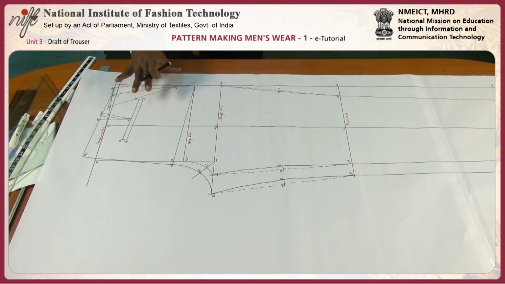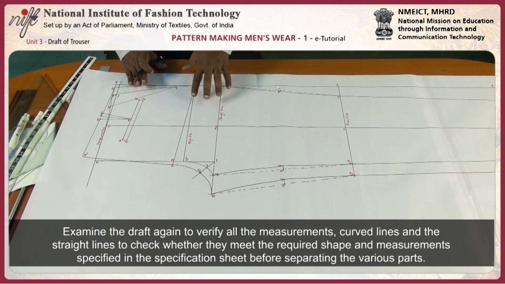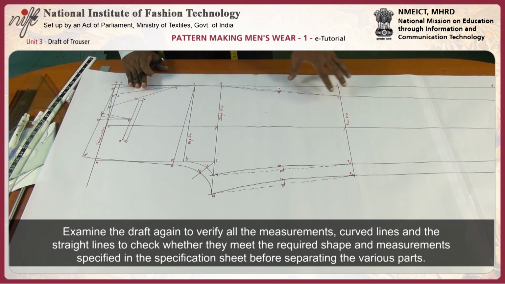After drafting the measurements, need to examine the draft again to verify all the measurements, curved lines and the straight lines, to check whether they meet the required shape and measurements specified in the specification sheet before separating the various parts.